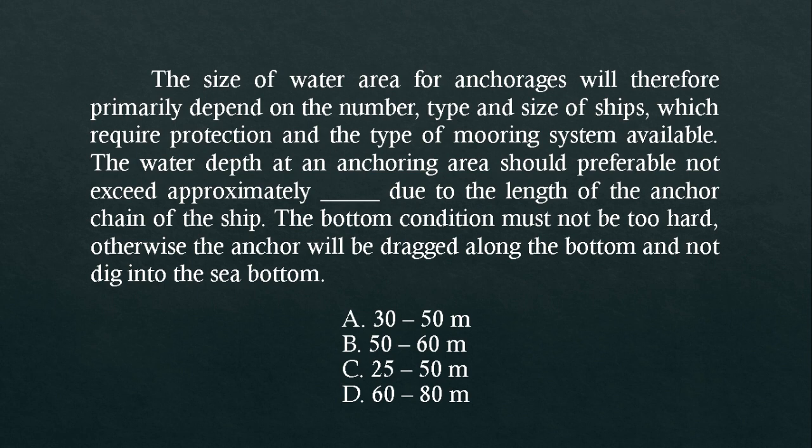The water depth at an anchoring area should preferably not exceed approximately due to the length of the anchor chain of the ship. The bottom condition must not be too hard, otherwise the anchor will be dragged along the bottom and not dig into the sea bottom.